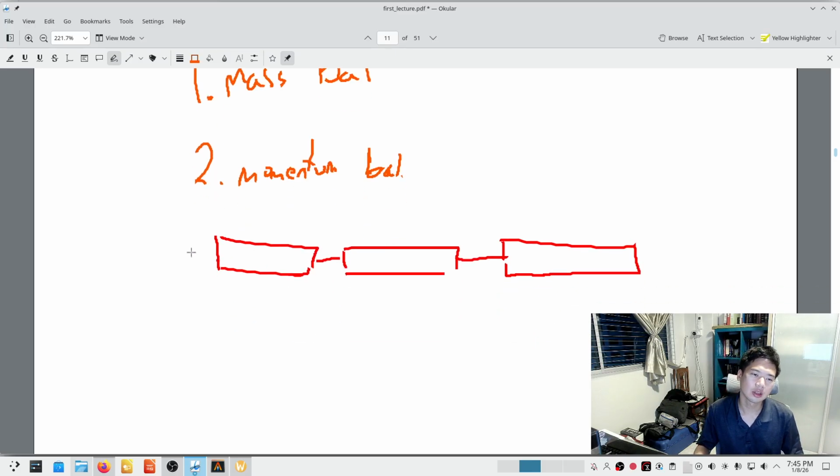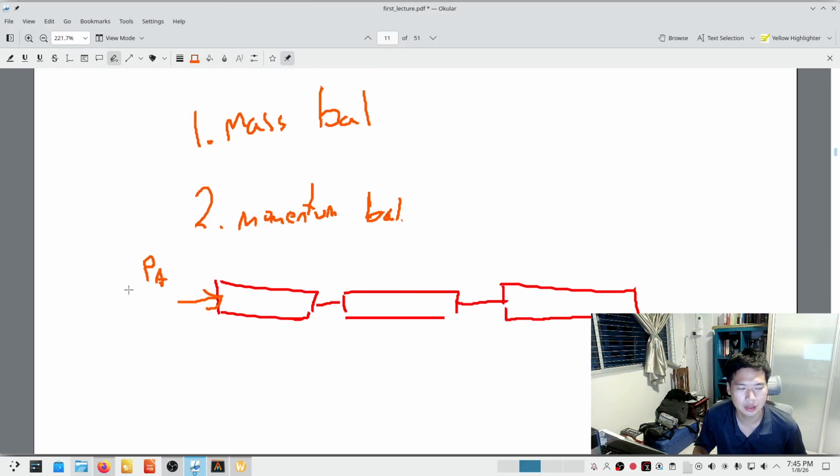Okay, so a fluid will flow from here, and let's say the fluid, whether it's water or coolant or whatever, is at some pressure A. It will flow through these pipes, and the friction in the pipes will cause this fluid to lose energy.